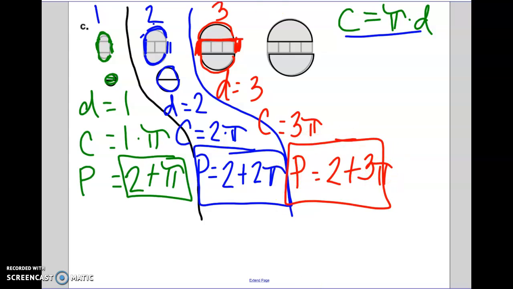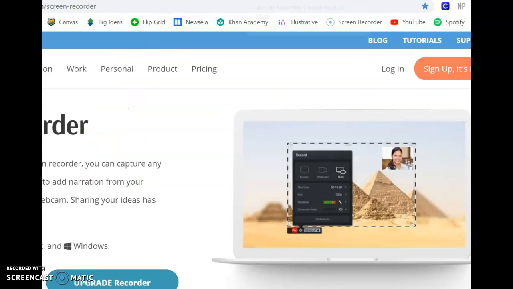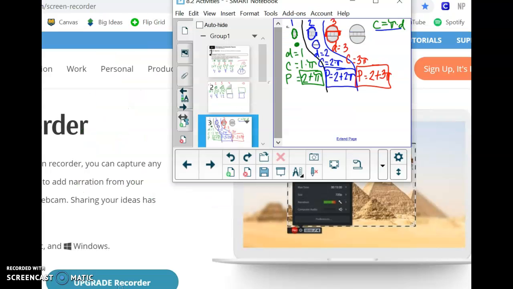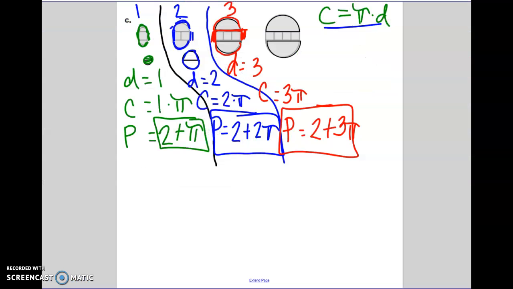So continue that pattern for the fourth one, and then try to continue on, find what that would be for the 10th one.